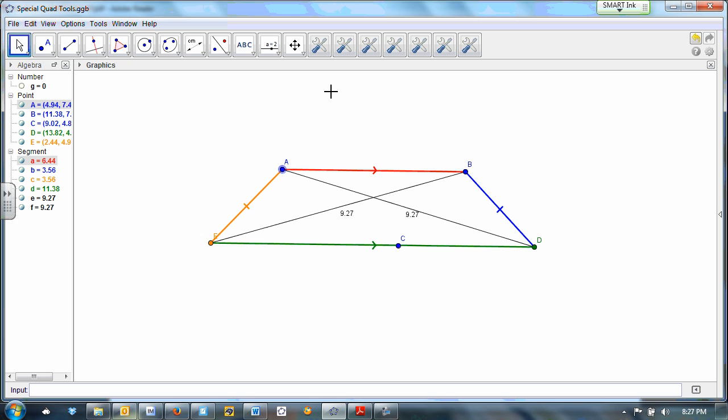Okay, so lead a discussion for the hour, going through the special quad tools and filling out the properties so that the kids get a good idea of the properties, so that on Tuesday, we're going to get GeoGebra out again when I get back, and we're going to use the properties, and I might continue this on Wednesday. I'm not quite sure yet what I want to do when you come back to cover me, but we're going to use the properties and construct the shapes based off properties.